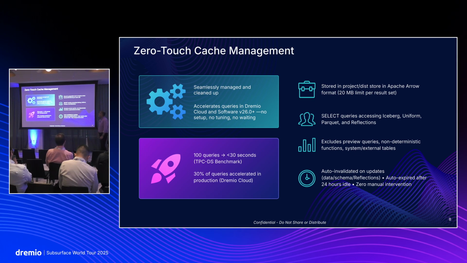It's only cached for select queries that are on Iceberg, Uniform, Parquet, and Reflections, because we really want to see if the underlying data has changed. If the underlying data has changed, or a schema has changed, or a reflection materialization has changed, Dremio will automatically invalidate the result cache entry for you.